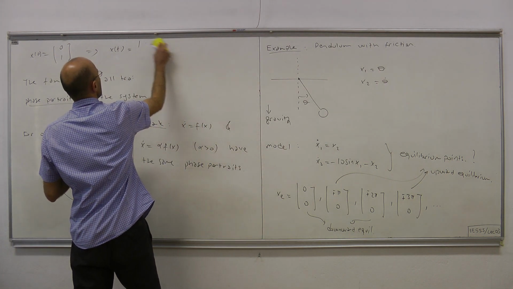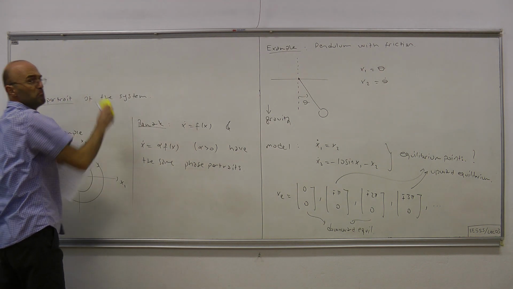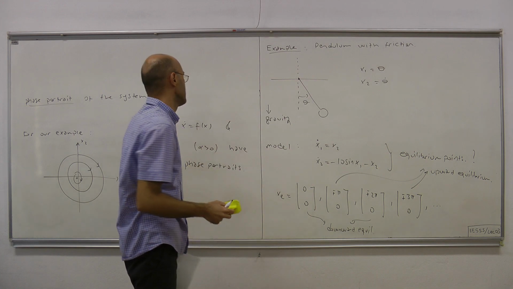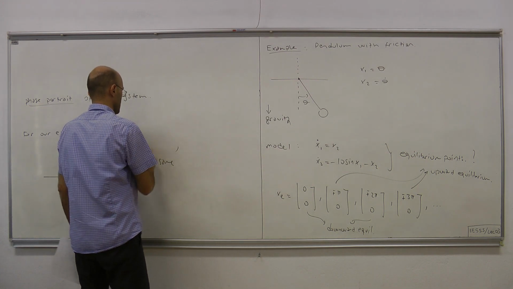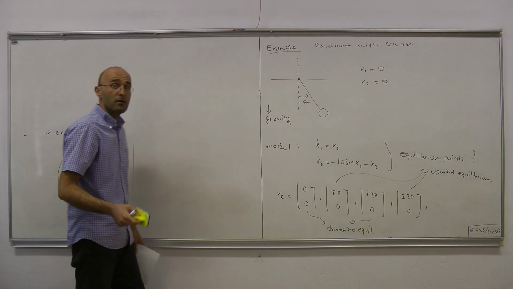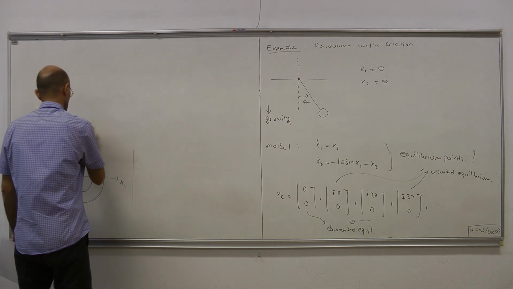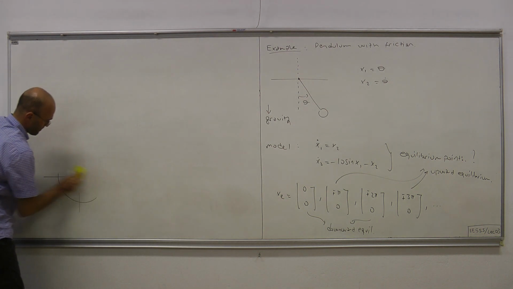Okay, now how about the phase portrait? It's not obvious, but it's not that mysterious either once you get familiar with it. Suppose that we obtain the phase portrait by performing an experiment or directly using some simulation software.